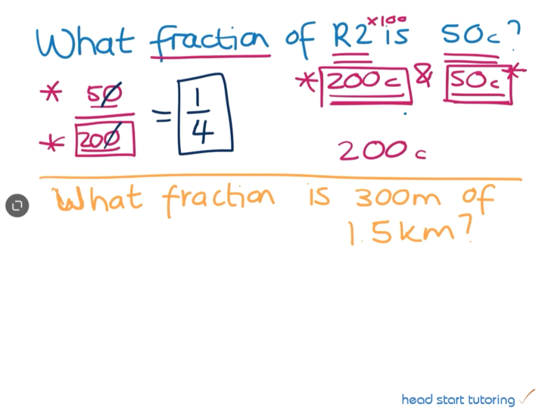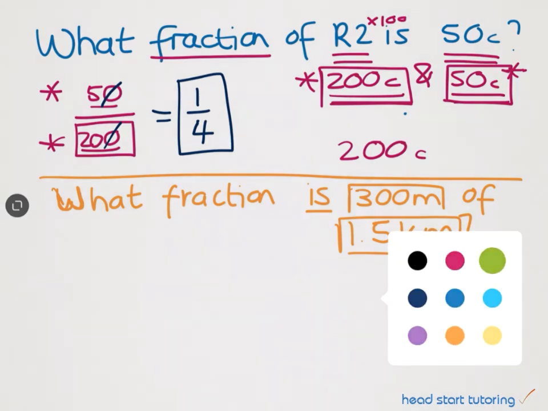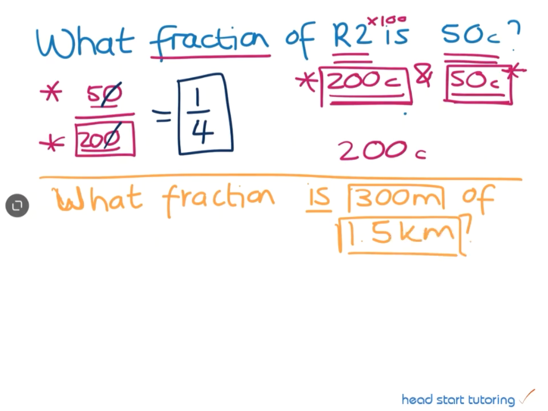So what fraction is 300 of a possible 1.5 kilometers is different to saying what fraction of 1.5 kilometers is 300 meters. So we need to read our questions very carefully in order to understand what they're actually asking us.